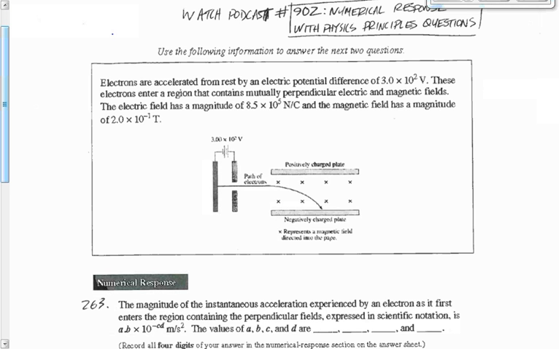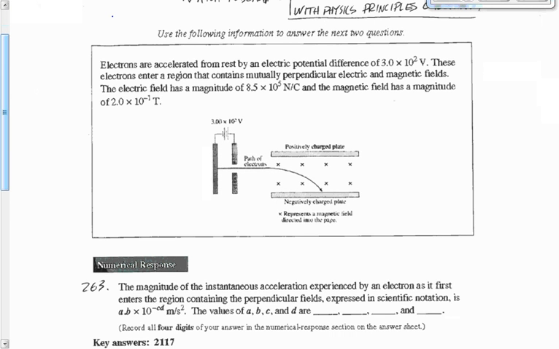Let's do this one though, just as an example, to illustrate what kind of question you could expect to see. This might be average or slightly harder than average, but not one of the really, really difficult ones that we could see. But also I've seen easier than this as well, quite a bit easier.